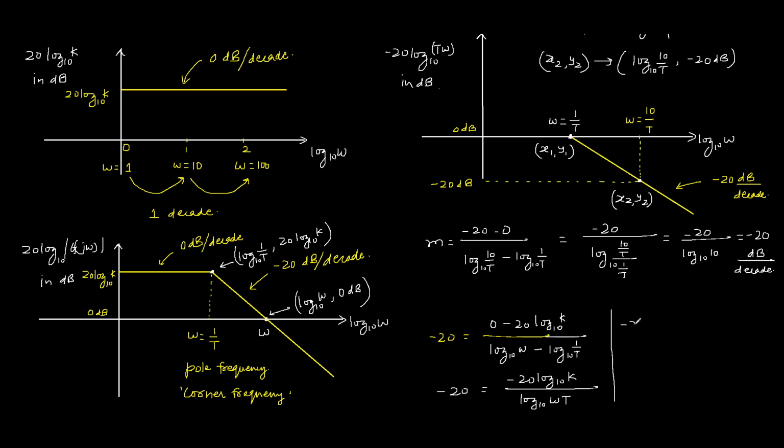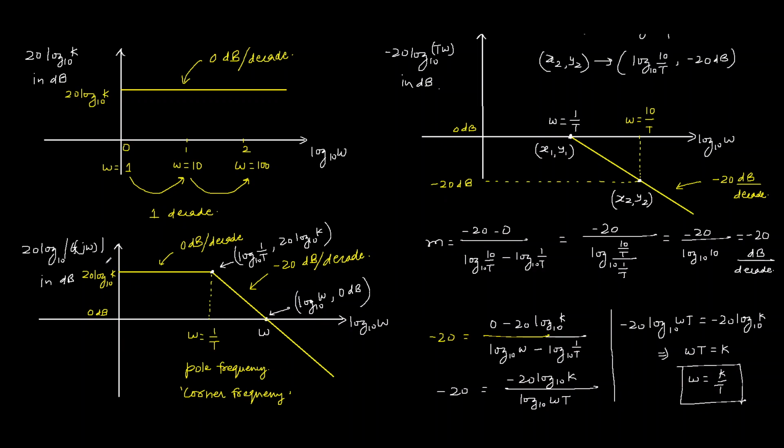So this can be written as minus 20 log omega t base 10 equal to minus 20 log k base 10. So this is nothing but omega t equal to k, or omega equal to k by t. So when the value of omega is k by t, the magnitude of this Bode plot becomes 0 dB.